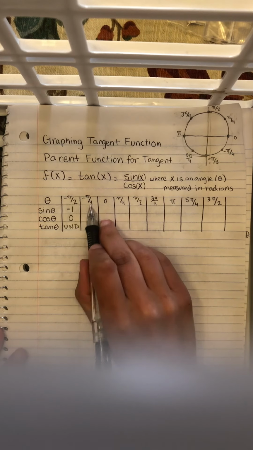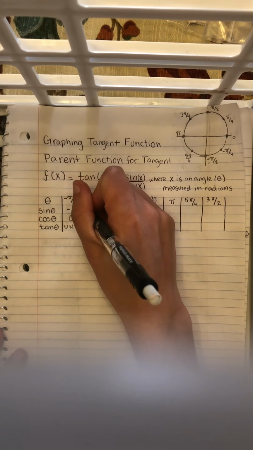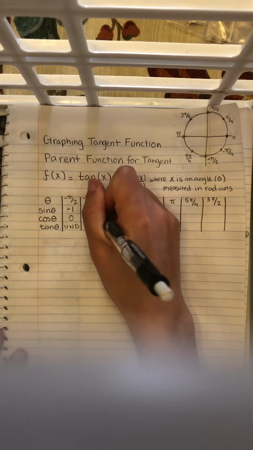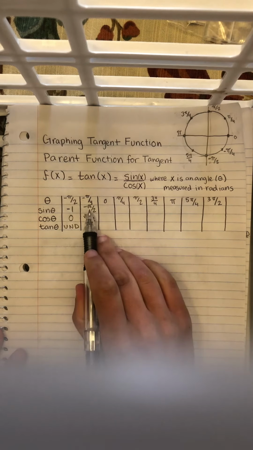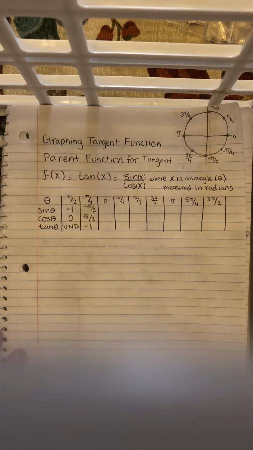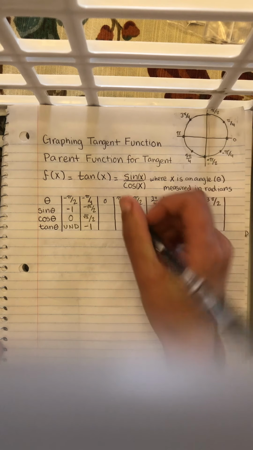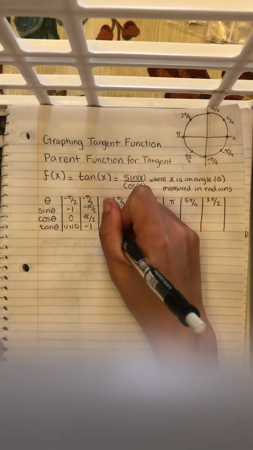For negative pi over 4, we're over here on the unit circle, and that's going to be negative radical 2 over 2 for sine and radical 2 over 2 for cosine. When we divide these two ratios, we end up with a tangent equal to negative 1. For 0, sine of 0 is 0, cosine of 0 is 1, so the tangent of 0 is 0.